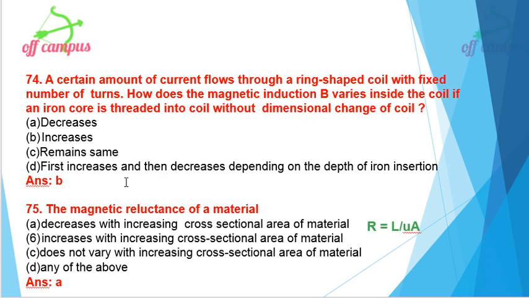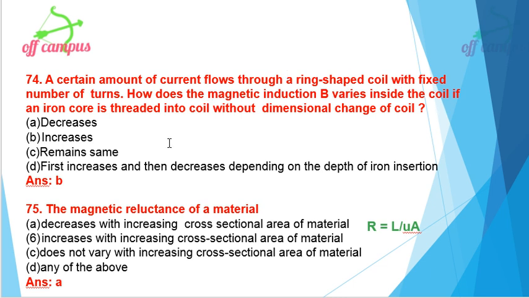Then question number 74. We'll read. A certain amount of current flows through a ring shaped coil with a fixed number of turns. How does the magnetic induction vary inside the coil if an iron core is threaded into the coil without dimensional change of the coil?